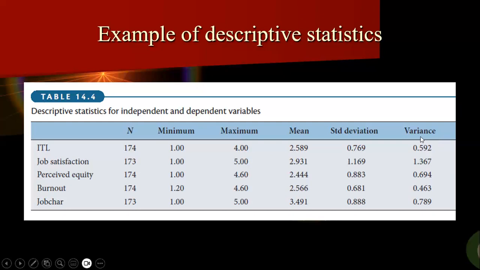We do not need to explain the value of the variance because variance is standardized in the form of standard deviation, right? I hope you got the understanding of how we can describe the basic characteristics of each variable. In the same way, you can describe the summary statistics of other variables.